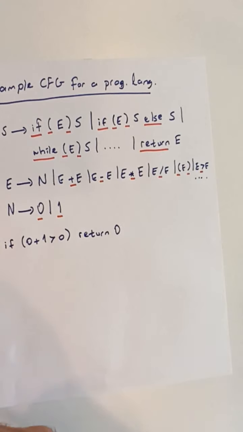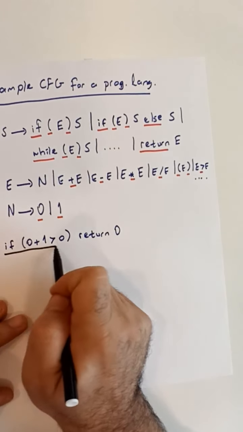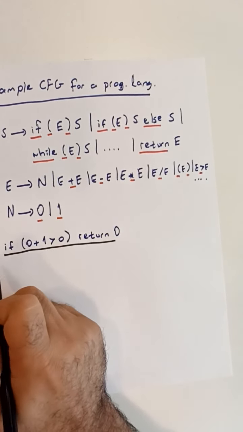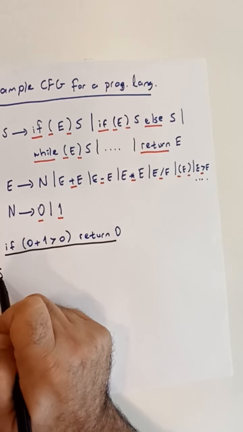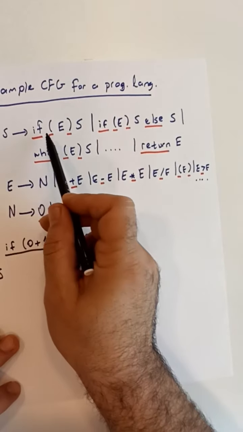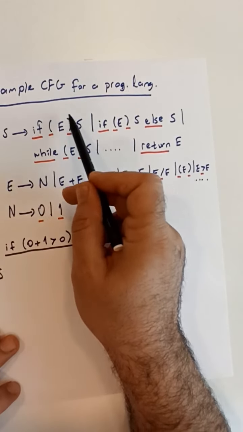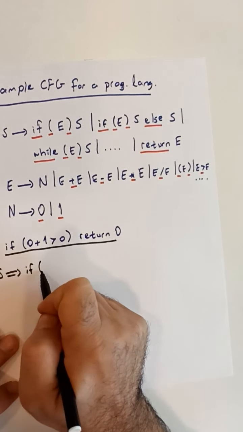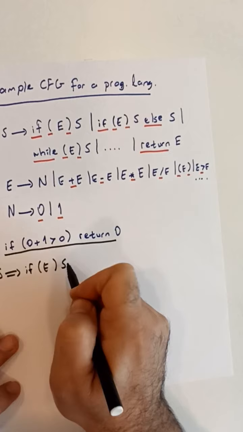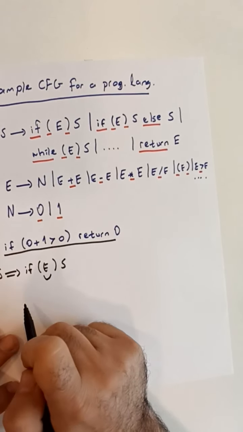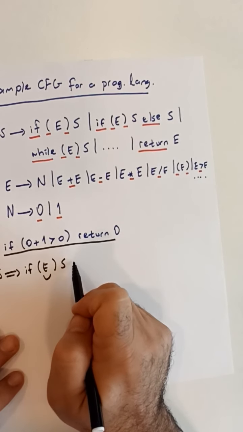Let's try to see how we can derive this simple statement in this programming language. So we start with our starting variable S, which corresponds to a statement. Since we only have an if statement, we can expand it with the rule corresponding to the if statement. Expand it with if, in parentheses, expression, statement. Since we are doing a leftmost derivation, in the next derivation step, let's expand this expression.